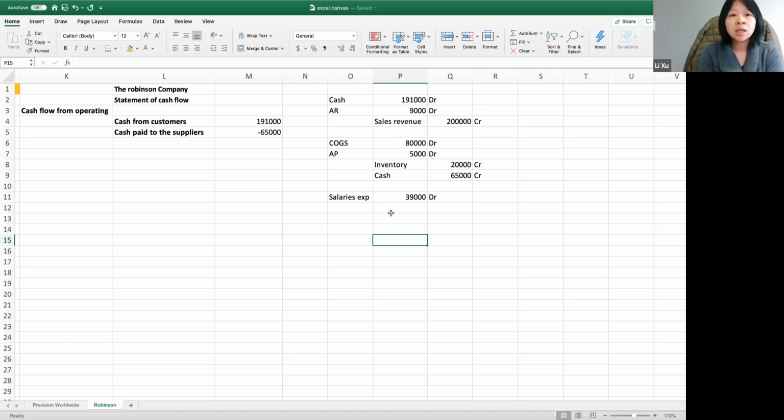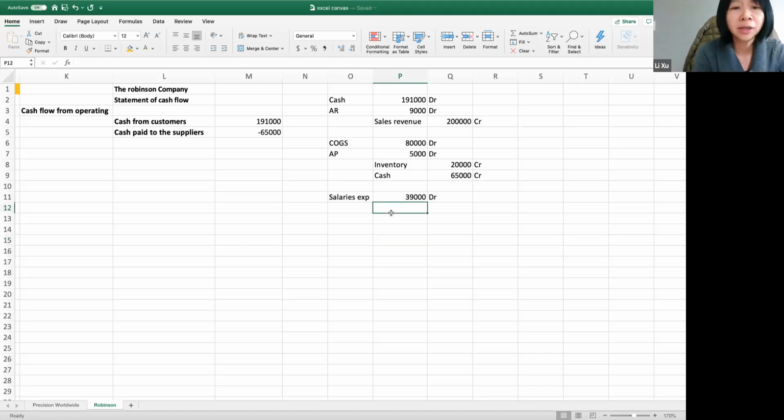So what you do is you always allocate accounts payable to the cost of goods sold transaction first. Okay, whatever you have left, you can allocate to the next item. That makes sense? But in reality, you should always be able to look at the past transactions to see exactly how much accounts payable goes where.